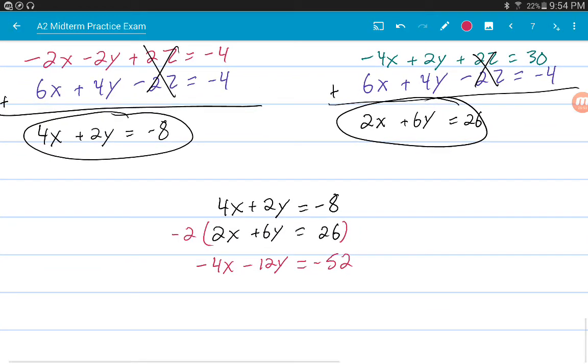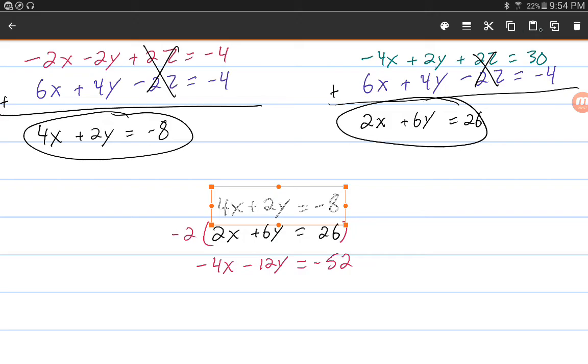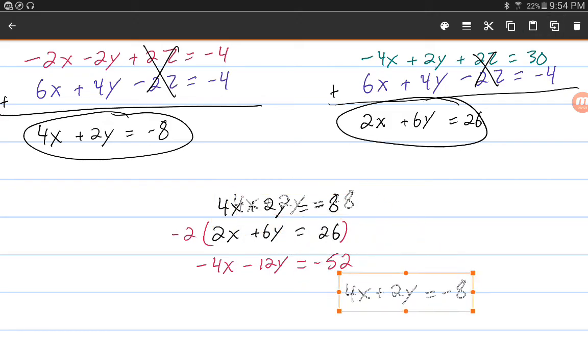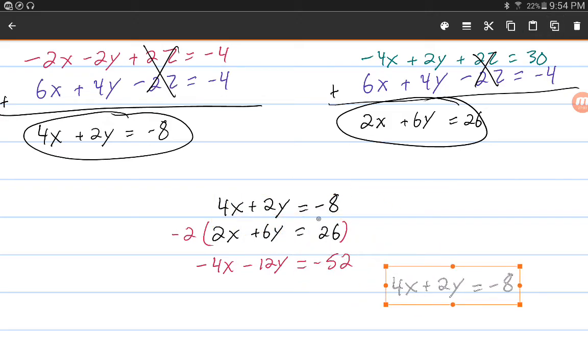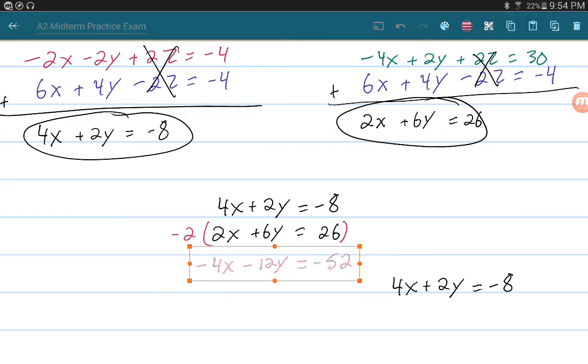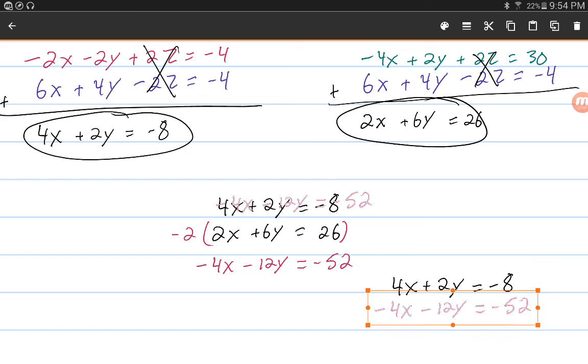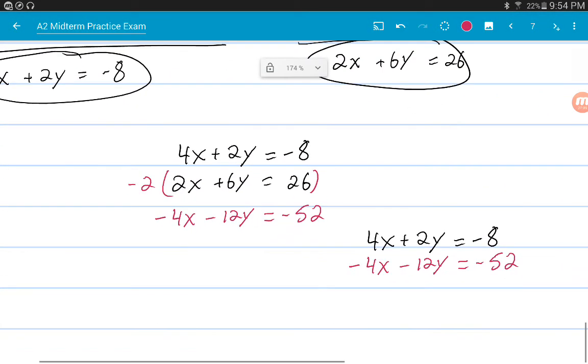Now the reason for that is that I can now take this original equation, unmodified, and the one that I just modified, and I can line them up, and I can cancel out those x's.